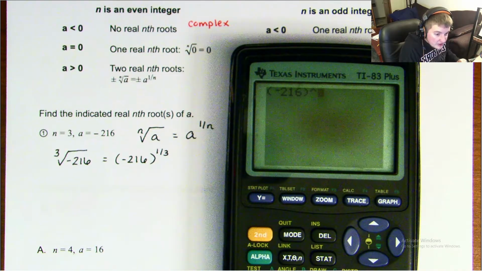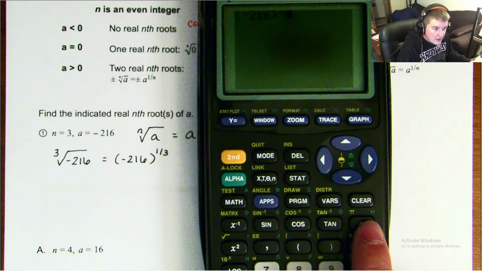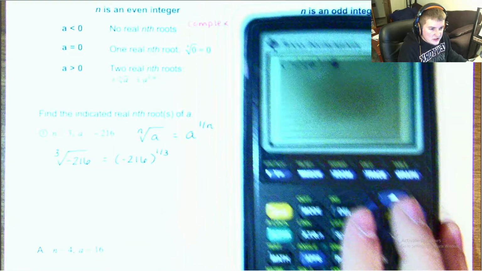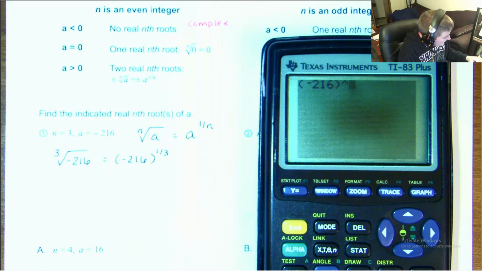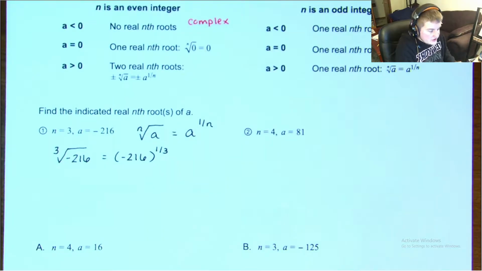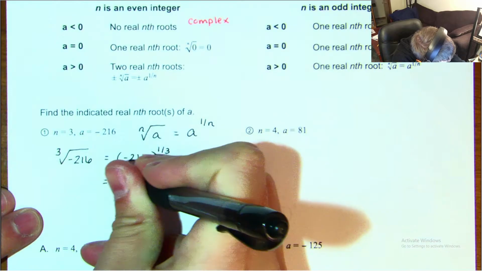Then we raise that using this caret symbol, which we've dealt with before, to the 1/3 power. We put 1/3 in parentheses as well, and we get an answer of negative 6.